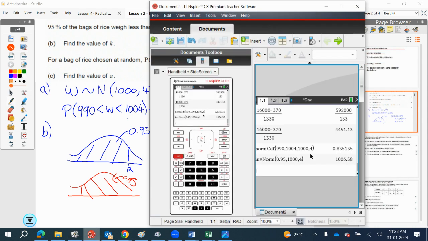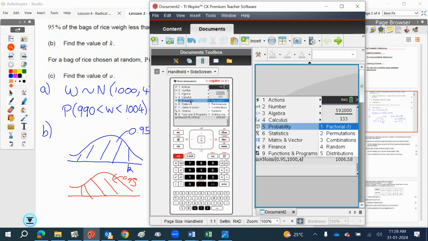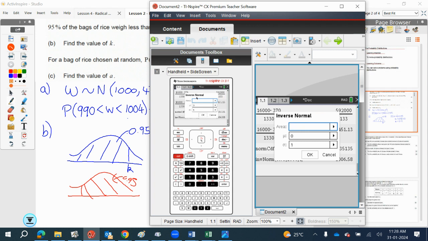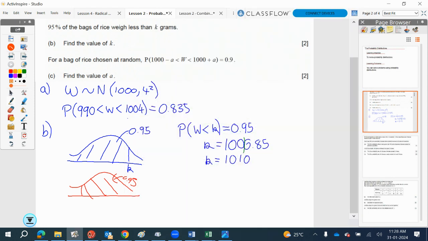On the calculator, when we did menu, probability, distributions, inverse normal, I can only put in the area. I don't say whether it's a left tail or a right tail. So how does it know the difference? It doesn't know the difference. It only ever does a left tail. So for this one, you would have to enter 1 minus 0.95, which is 0.05.